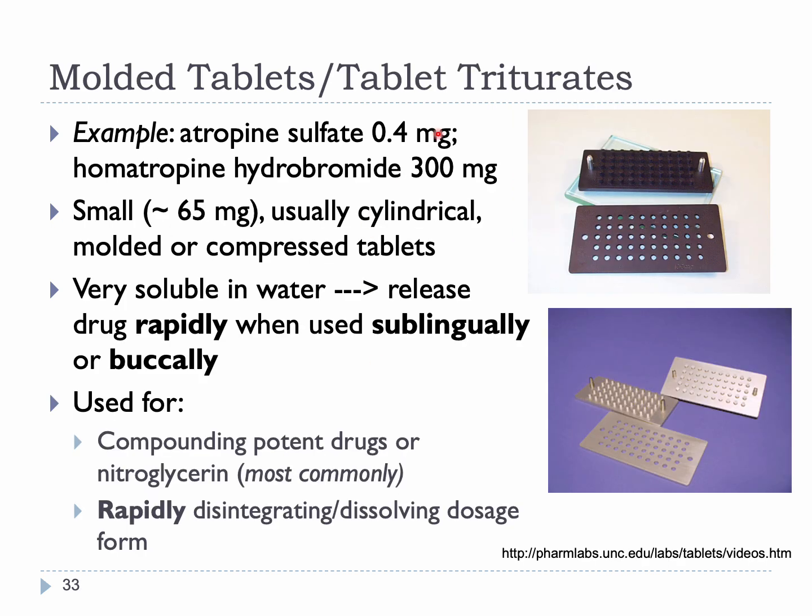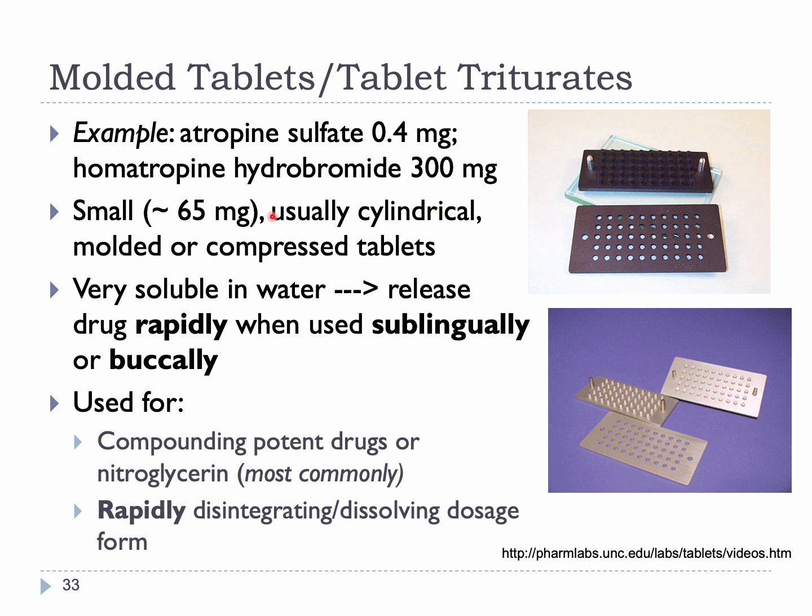Molded tablets or tablet triturates are common in compounding pharmacy. The previously mentioned tablets are usually made by manufacturers, not by compounding pharmacies. Compounding pharmacies make molded tablets or tablet triturates more. These kinds of tablets usually contain a very small amount of API and are small in size. For example, atropine sulfate 0.4 mg.